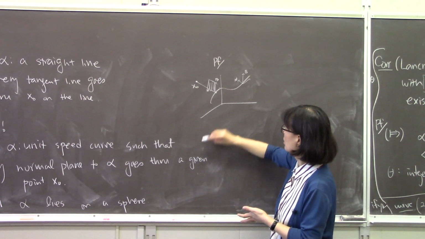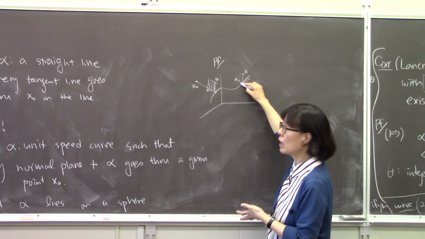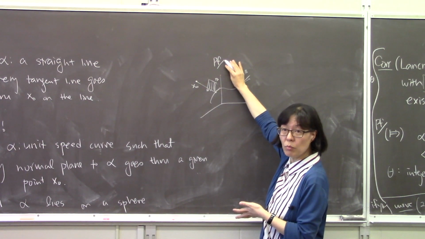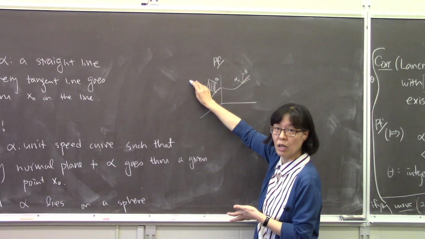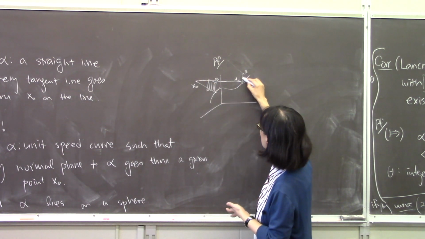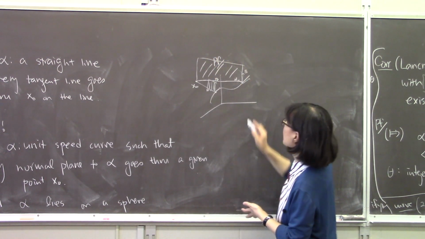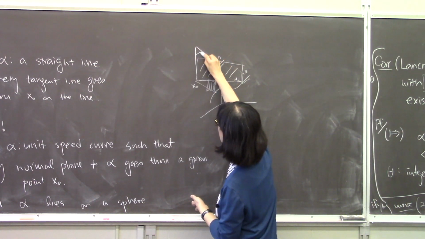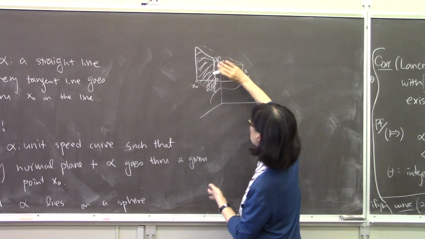And also, the normal plane at a different point on the curve. So that is a normal plane, right? That normal plane goes through this point as well. So let's make the plane bigger like that. So we have this normal plane and next bigger normal plane.